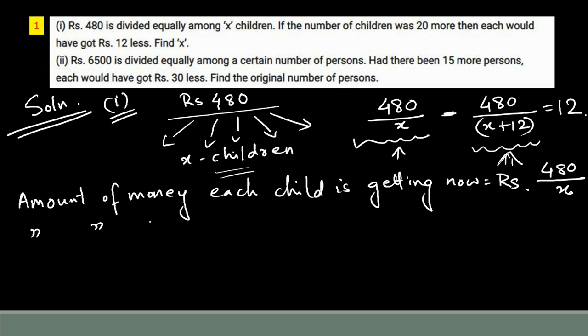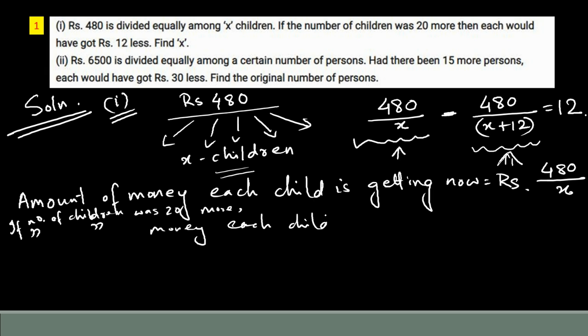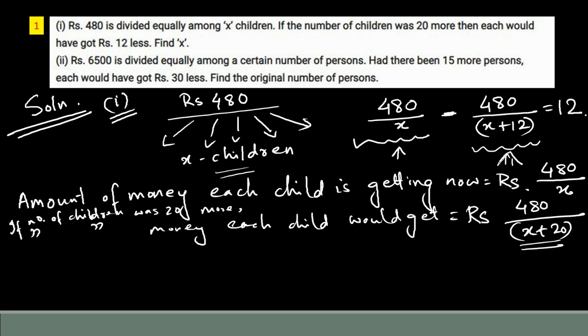Again, amount of money if the number of children was 20 more, then amount of money each child would get, how much? As I discussed already, if it was 20 more, each child would get 480 divided by x plus 20, right? If 20 more children are also there, basically the total number of children will be x plus 20. The total amount 480 should be divided by x plus 20.